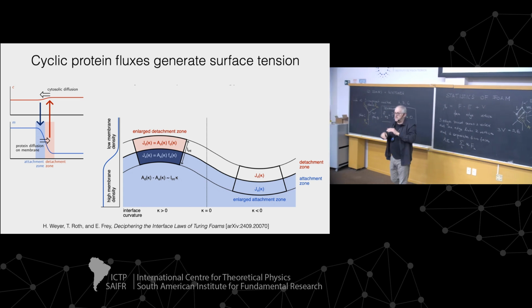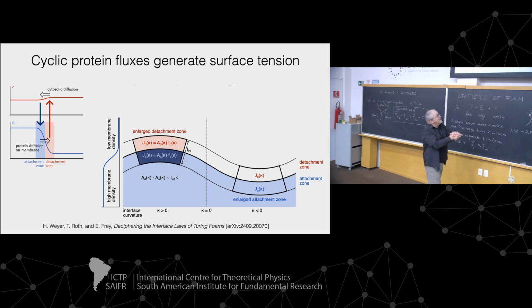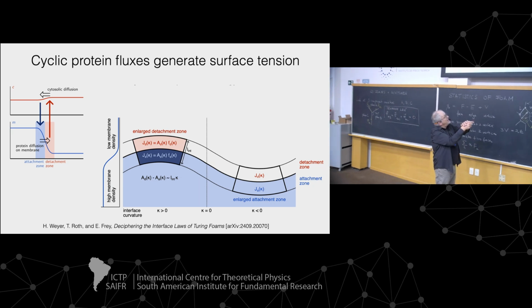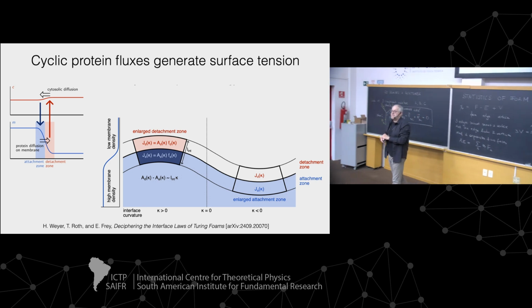So I'm looking down on this. Now, here I'm looking at an interface which is bending up, and here it's bending down. So you have positive curvature, depending, of course, on the signs you choose. So here's one sign of curvature, and here's the other sign of curvature. Let me call this positive and negative curvature.